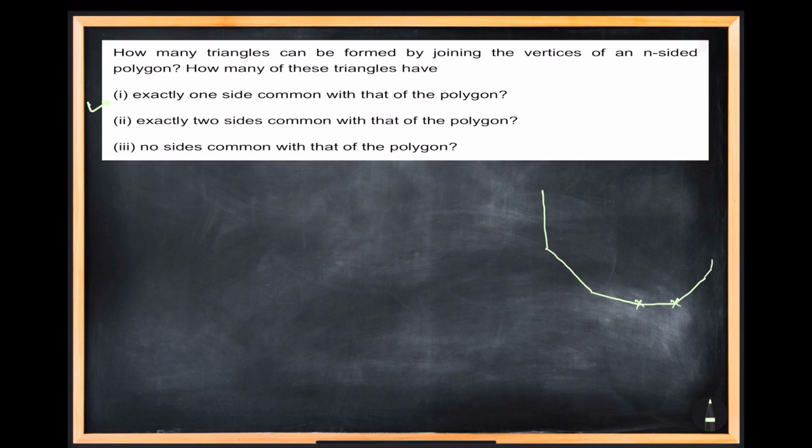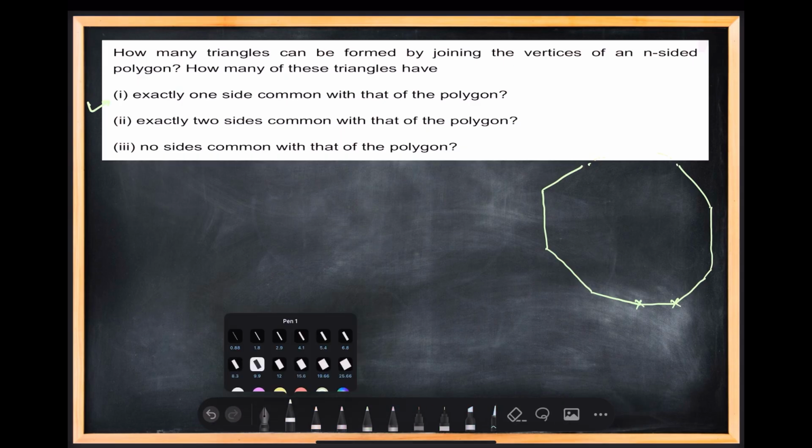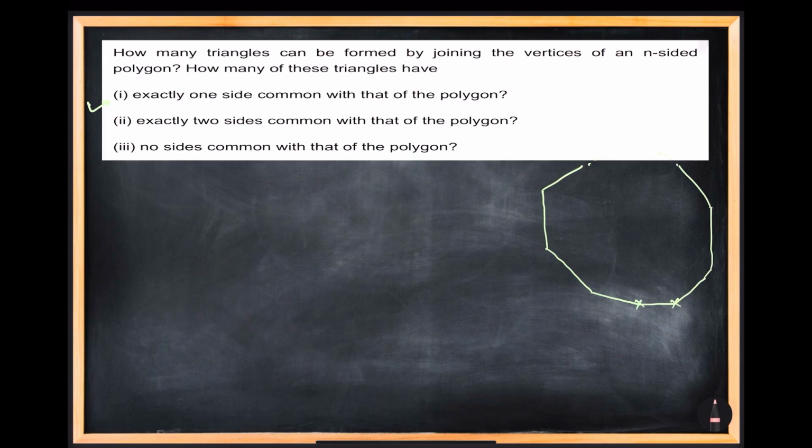But look at this situation. Suppose that this is the case, and this will keep on going. We are interested in finding the number of triangles corresponding to this side when it is common with the triangle as well as the polygon.